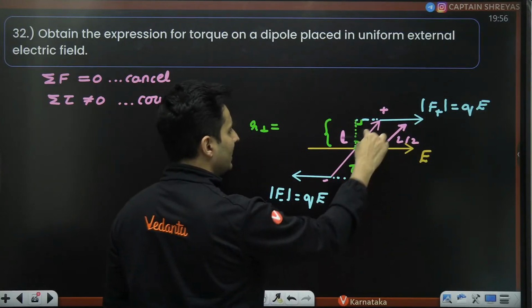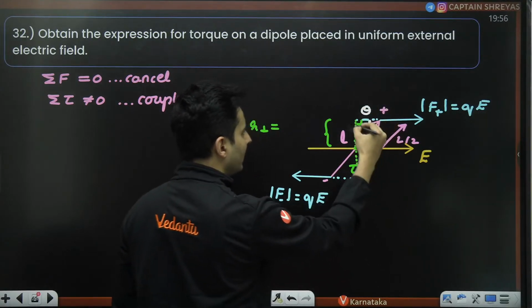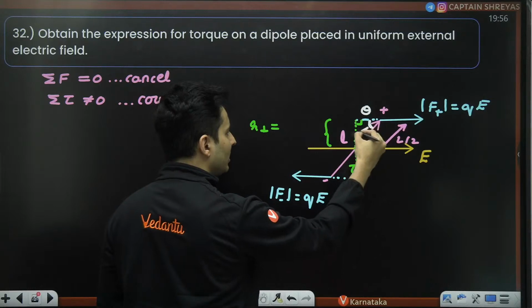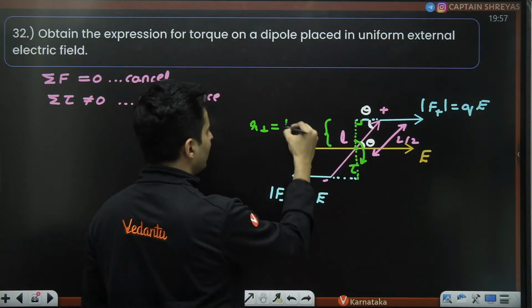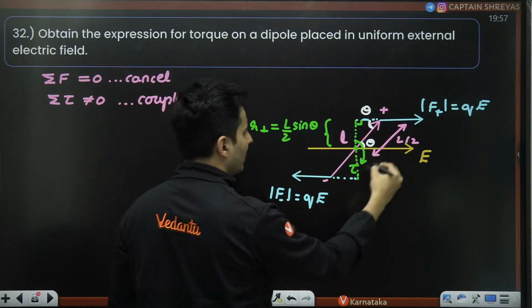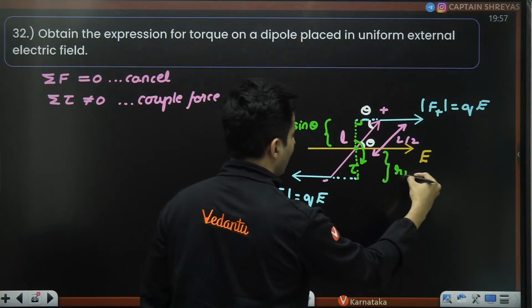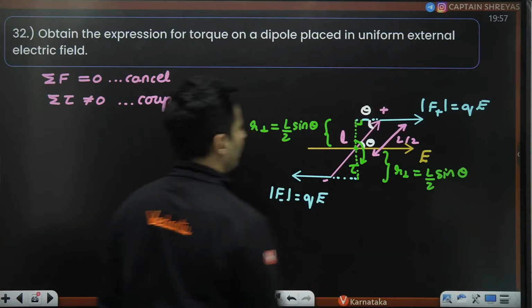So if this is theta, naturally, even this angle is going to be theta, and this green side is opposite to theta. So therefore, it should be the sine theta component. So it will be L by 2 sine theta. Same thing I can say over here. Even this is basically R perpendicular, and it will be L by 2 sine of theta.